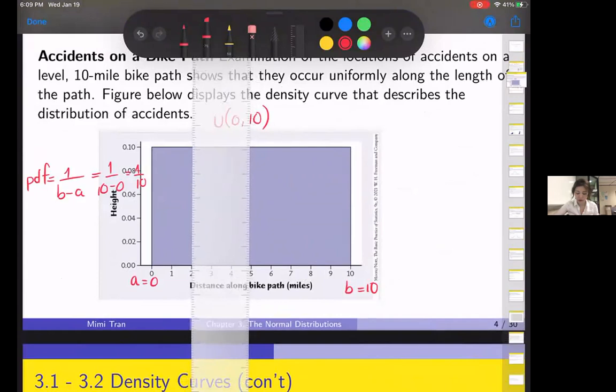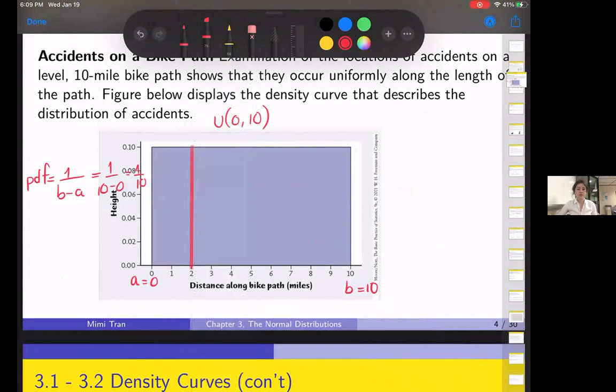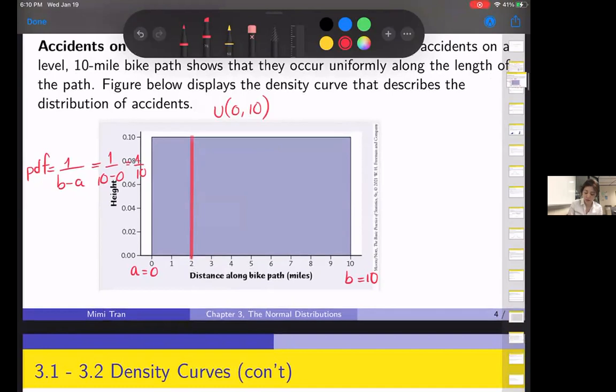By the way, when you hear probability in terms of a density curve, it's the same thing as area, like area under the curve. Here is a box, so the area is just width times height. What is the width between 0 and 2? It's 2. And what is the height? I already answered the width, so you can answer the height.